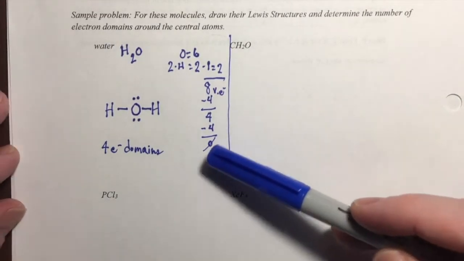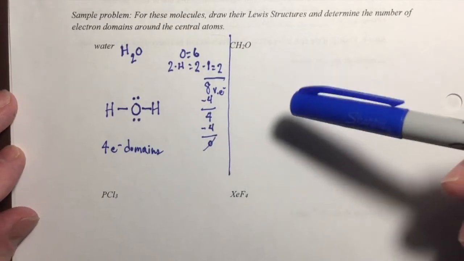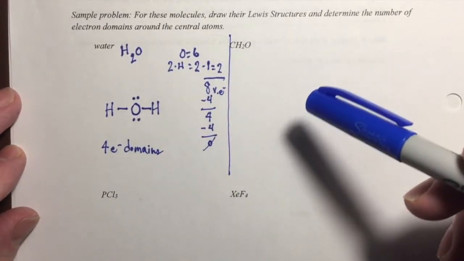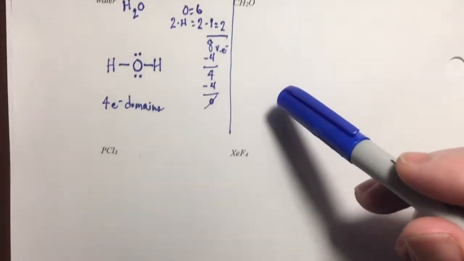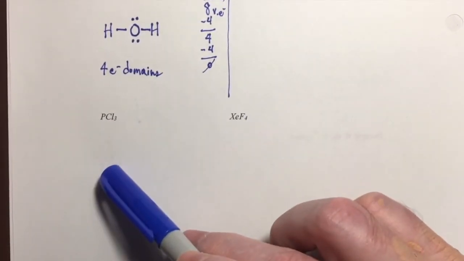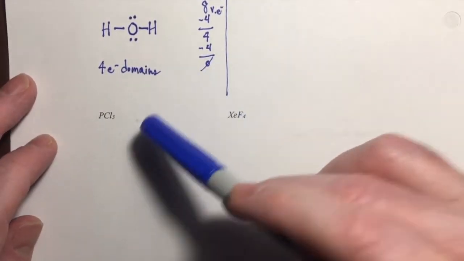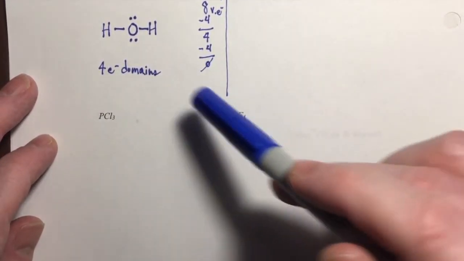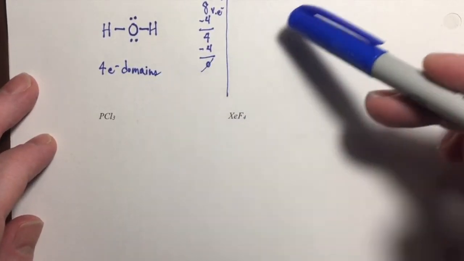All right, now that we've gone through that, just as a reminder and maybe help calibrate your method, I would like for you to do the same procedure for all 3 of the other species. For the formaldehyde, CH2O, phosphorus trichloride, and xenon tetrafluoride. Go through each of those, draw the Lewis structures for each one, and then determine how many electron domains are around the central atom in each one.